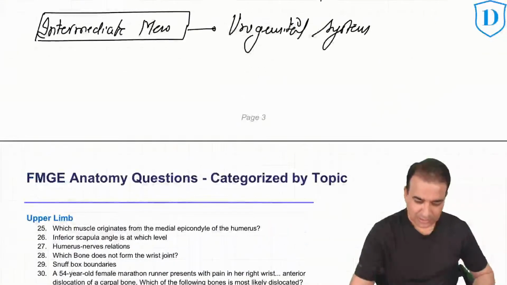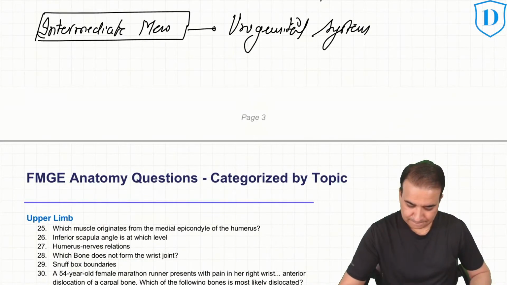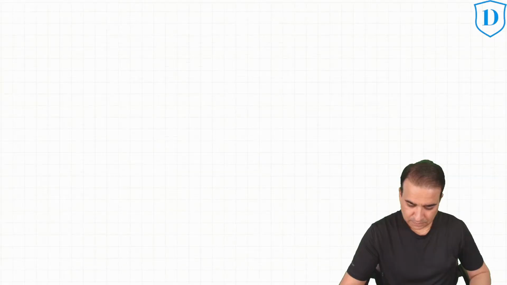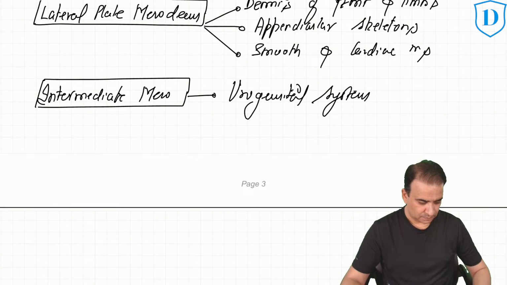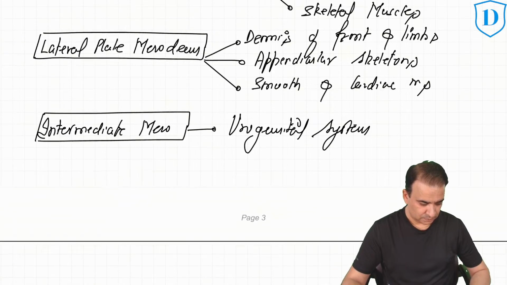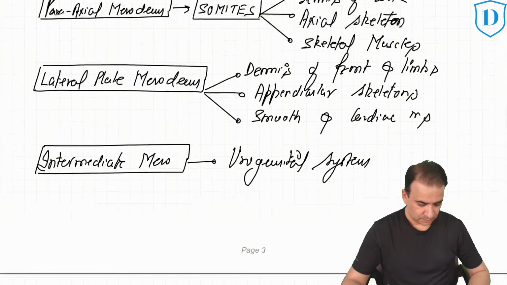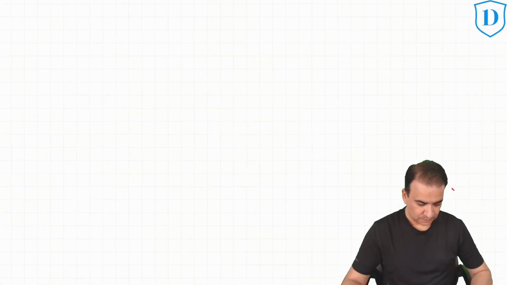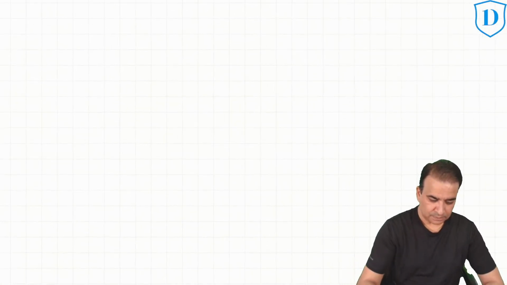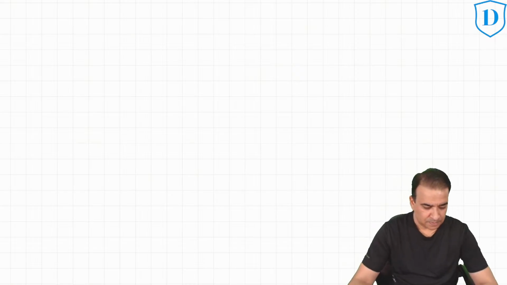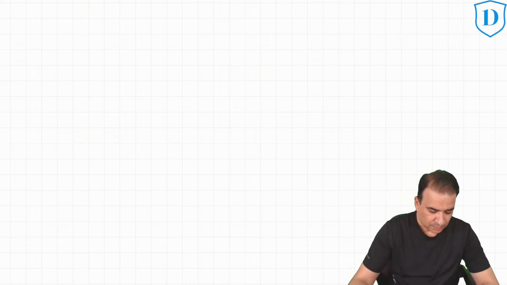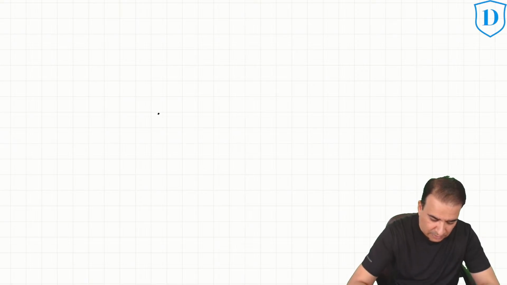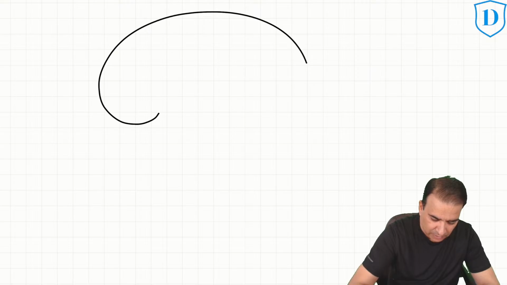Look, what I'm saying is, see, when you look at the picture of the craniocaudal folding, guys, let us say here is an image of the folding of the embryo taking place.